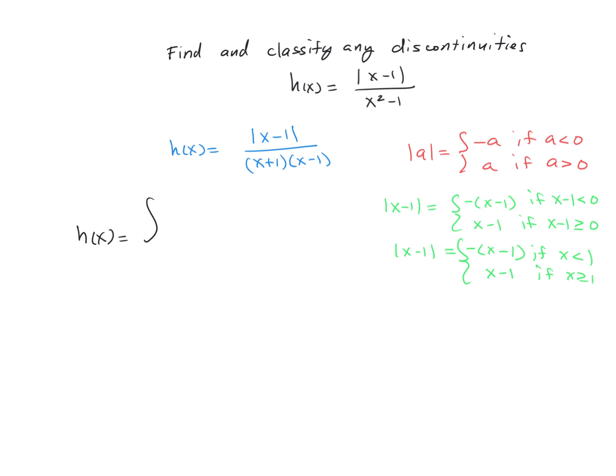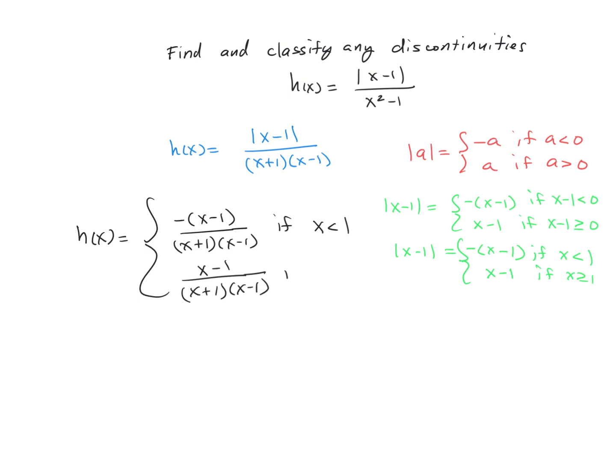It's going to be a piecewise defined function now that is negative x minus 1 over x plus 1 times x minus 1 if x is less than 1, or it's x minus 1 over x plus 1 times x minus 1 if x is greater than or equal to 1.